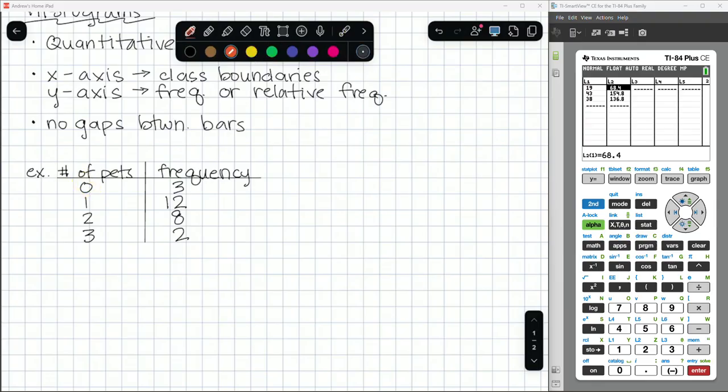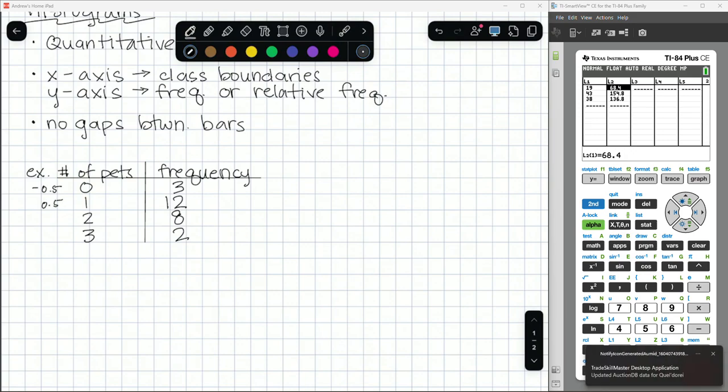And 0 has no decimal places, so half a step below is going to have 1 decimal place, and it's going to be at negative 0.5. If I go a half step below 1, it's going to be positive 0.5, 1.5, 2.5.